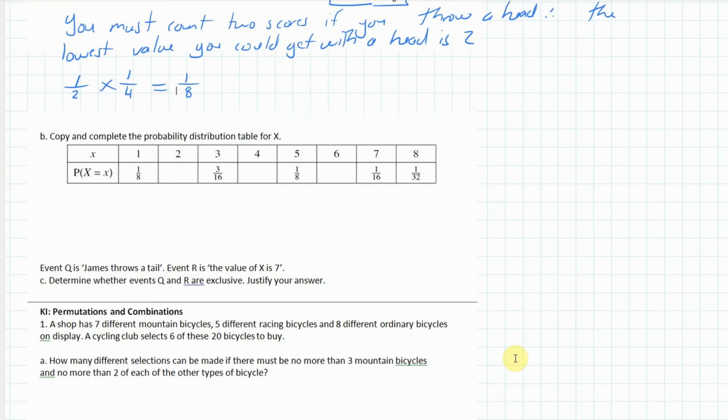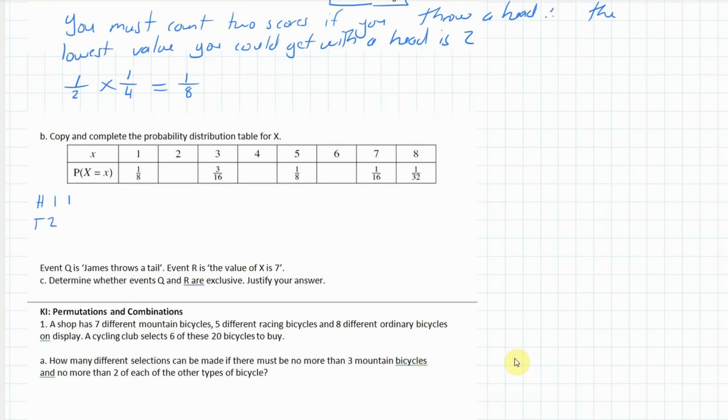Now, the next one, we've got to fill in these gaps here. So 2. So how do we get 2? Well, we could get heads and then 1, 1, or we could get tails and 2. I think those are the only options.